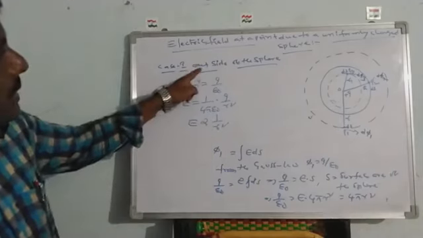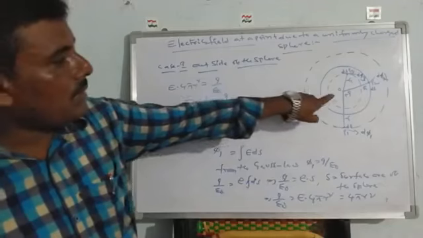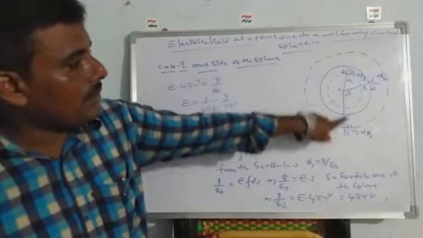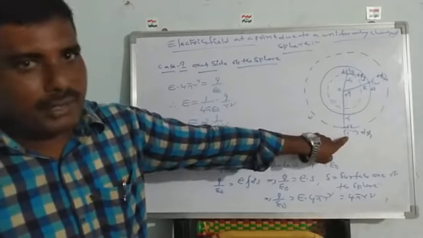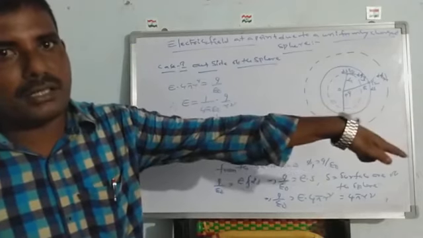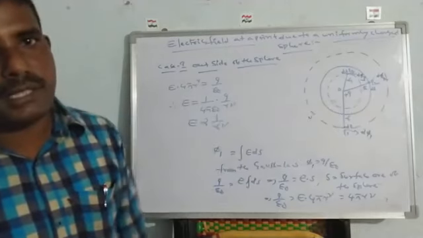The first case is outside of the sphere. Clearly, we can observe from the figure that the point P1 is located on the Gaussian surface, situated outside of the sphere.